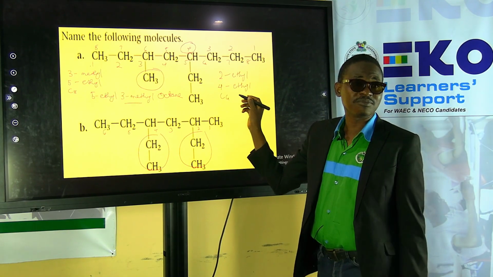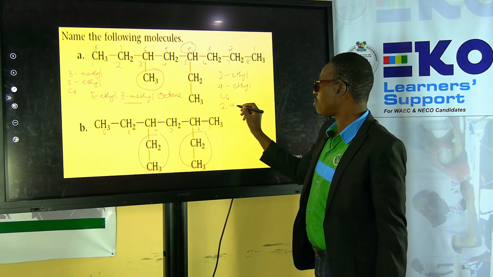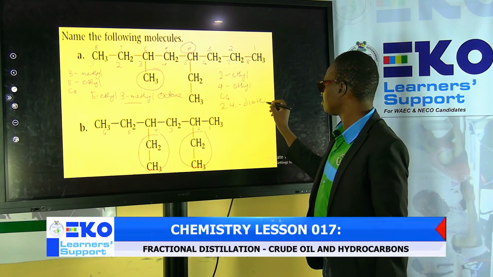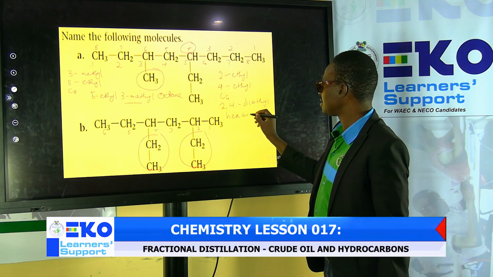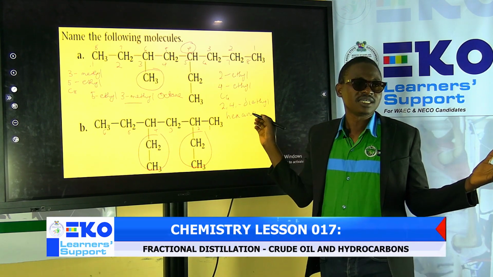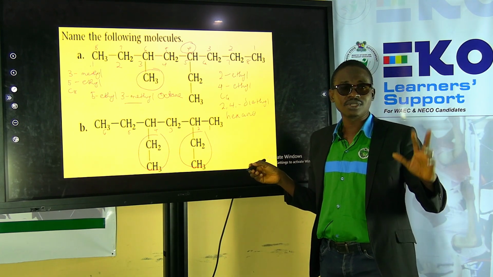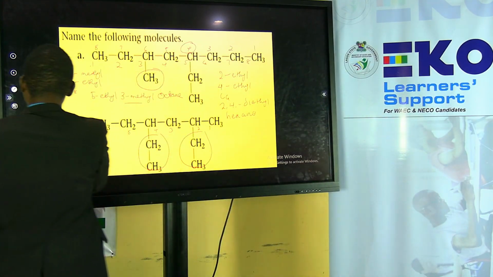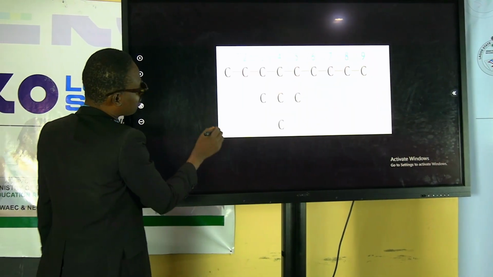Because they are the same attachment, I will call it 2,4-diethylhexane. Good. So why is it 2,4-diethyl? Because the ethyl is occurring in 2 places.